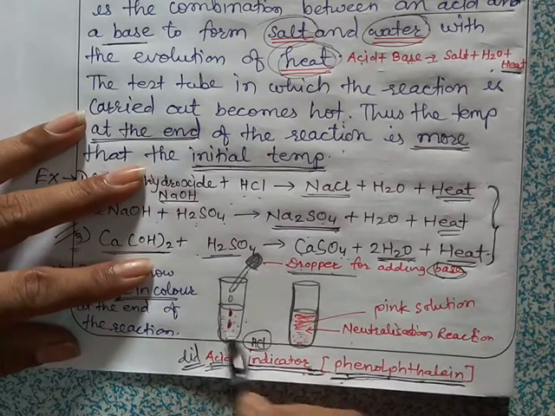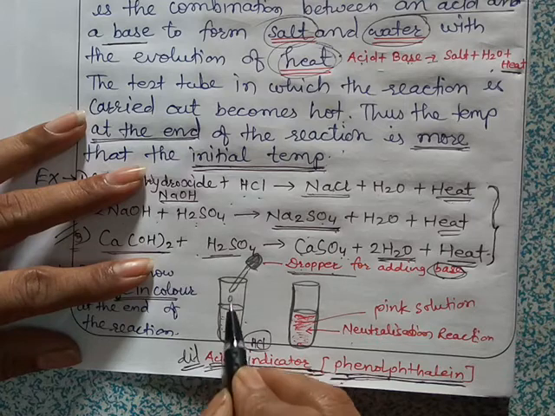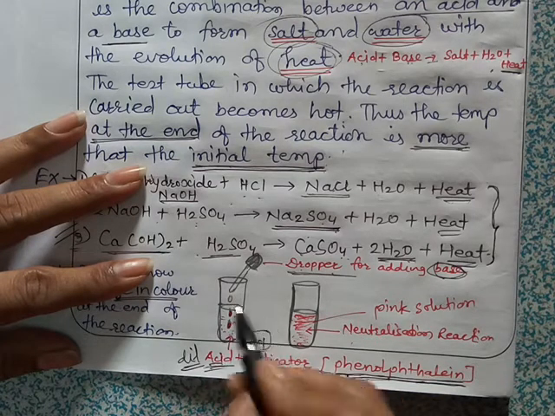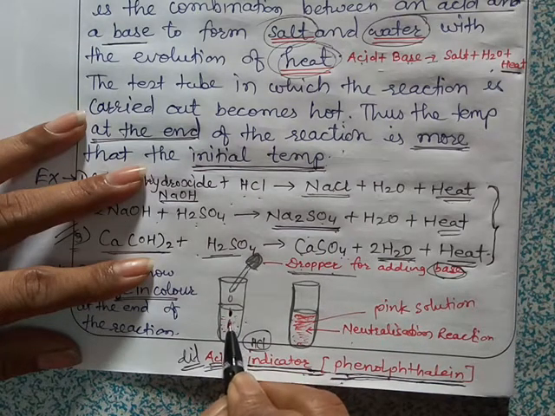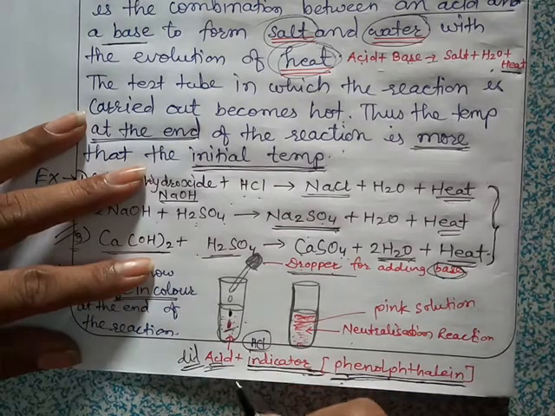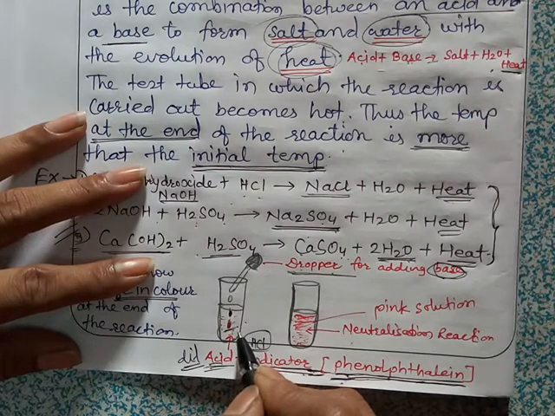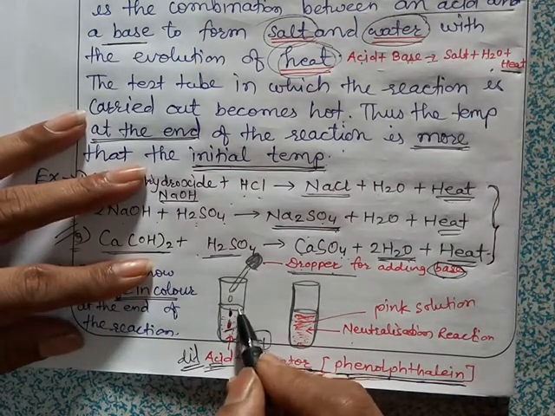As this drop of sodium hydroxide touches the acid, the color of the drop becomes, sorry, pink. The pink color appears each time after a drop of sodium hydroxide touches the acid and indicator mixture.